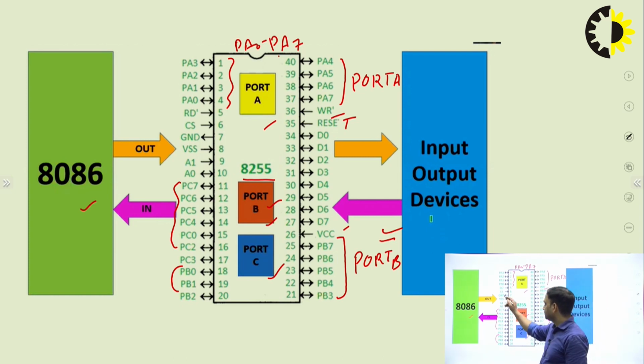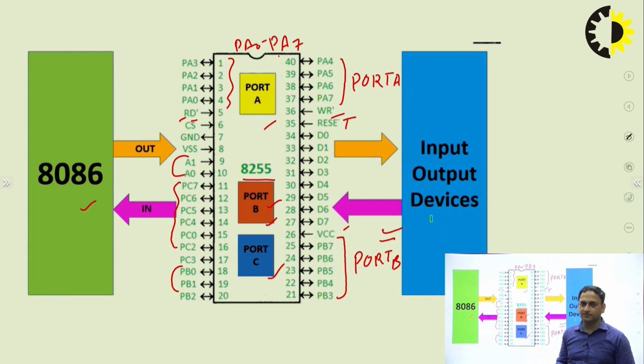Then we have chip select, which is used to enable or disable the particular IC. Then we have A1 and A0. These two pins are connected with the microprocessor, and they are responsible for telling the IC in which mode it will work and which port will work as input or output.